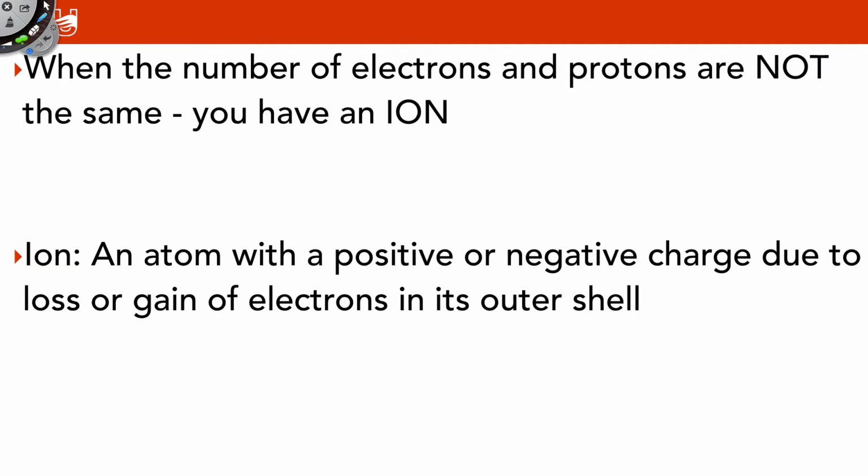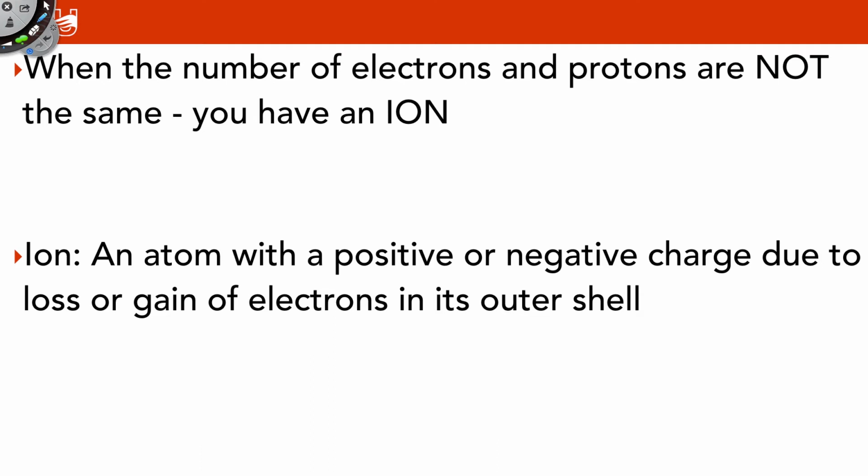Now, when the number of electrons and protons are not the same, you've got an ion. This semester we'll start saying ion on occasion in about a month or so, and I'll start bringing in the idea of what an ion is and how we look at that in biology. For example, calcium ions are very important when you talk about how a muscle functions.